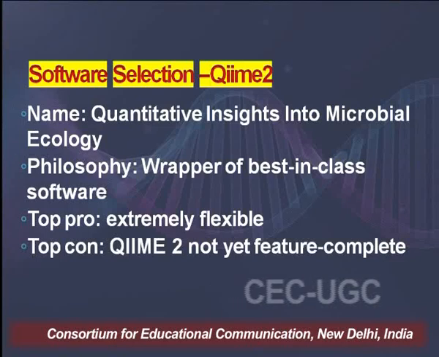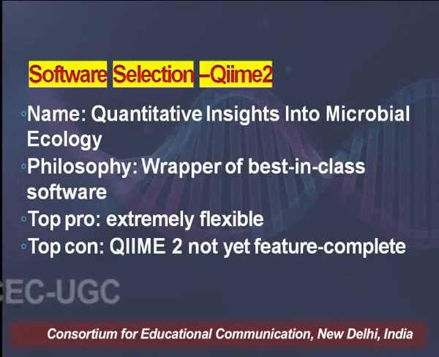QIIME 2, the full name, if you want to know, is Quantitative Insights into Microbial Ecology. The philosophy of this software is that it's a wrapper of best-in-class software, so we can do all these steps on one platform. That is the best thing here. It is extremely flexible, but it's not feature complete, and it is based on the language Python.